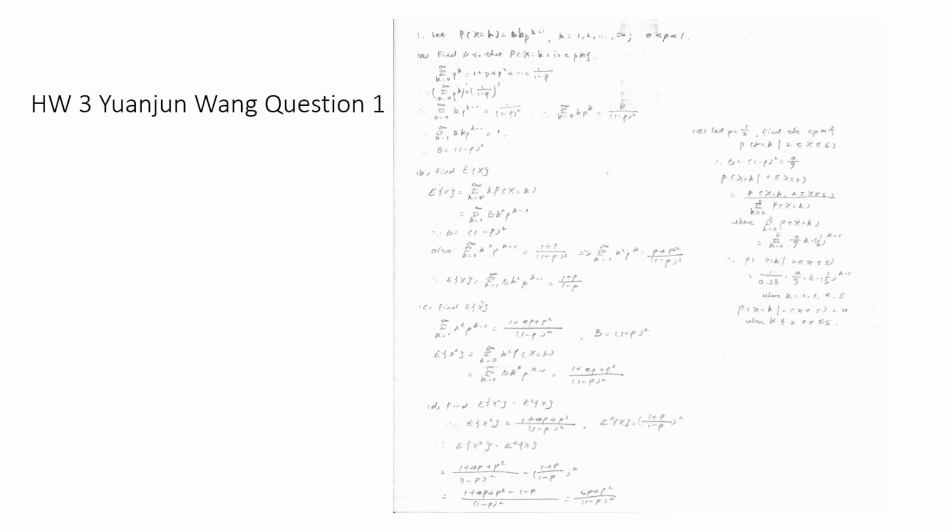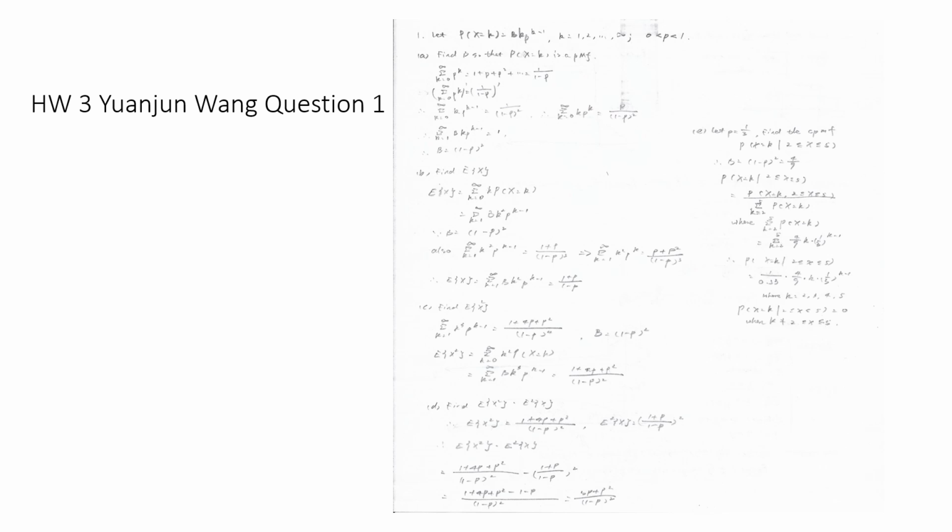And now also we know that the summation of k to the square times p to the k minus 1 is equal to 1 plus p over 1 minus p to the third. And then we plug in the b in there. We know that EX is just equal to the summation k goes from 1 to infinity of b times k squared times p to the k minus 1, which is equal to 1 plus p over 1 minus p.